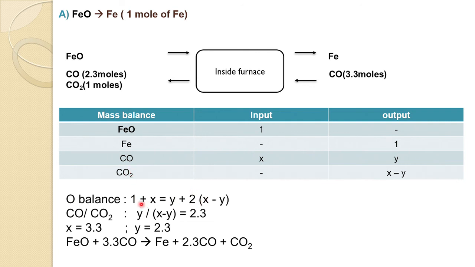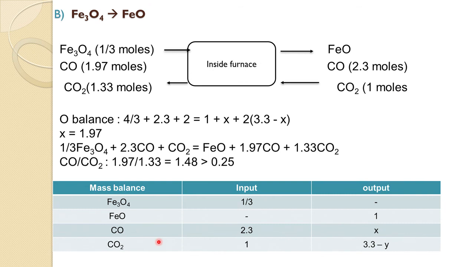Similarly, the CO2 ratio comes out to 2.3, as we had mentioned before. So it gives you x as 3.3 and y as 2.3. So, for FeO to Fe you need 3.3 moles of CO to react to give 1 mole of iron.